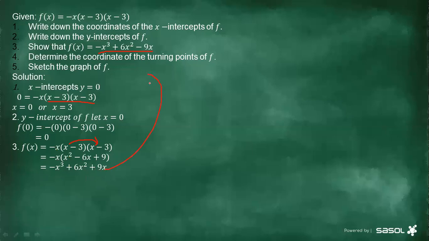You can see that. And then determine the coordinates of the turning point or the stationary point. You take the original and then derive it. After deriving it, it's going to give us negative 3x squared plus 12x minus 9.